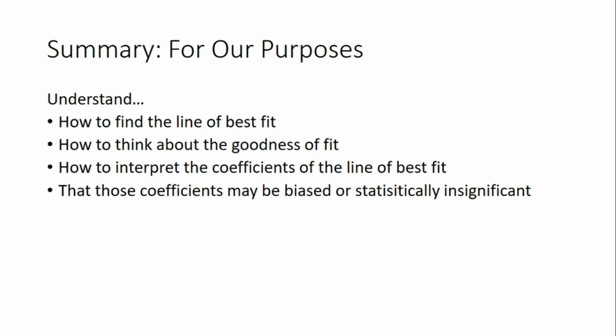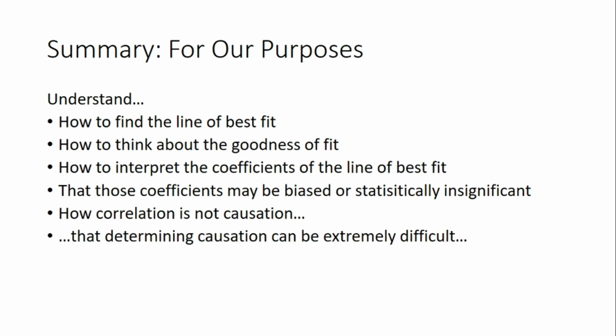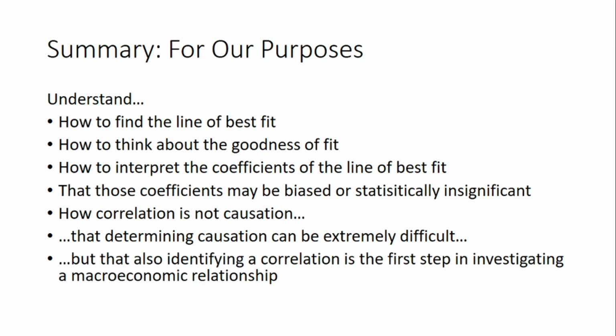Understand that those coefficients may be biased or statistically insignificant, in which case you don't want to prescribe policies based on them, of course. Understand at a fundamental level how and why correlation is not causation, and that determining causation can be extremely difficult. But nonetheless, you must understand that identifying a correlation is at least the first step in investigating a macroeconomic relationship.